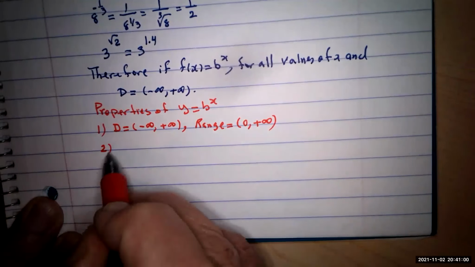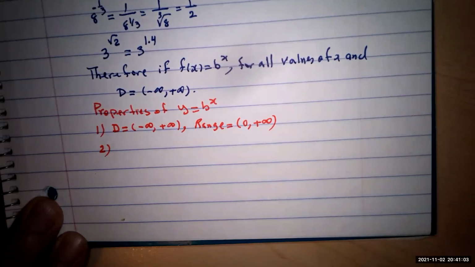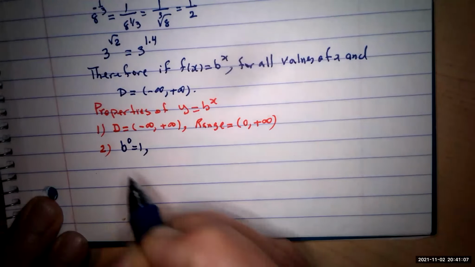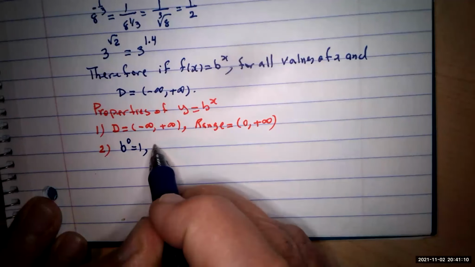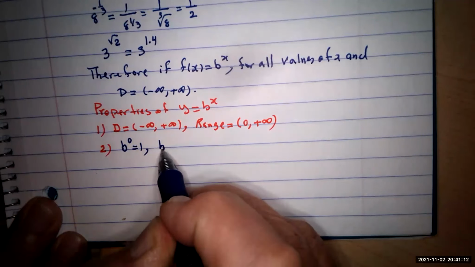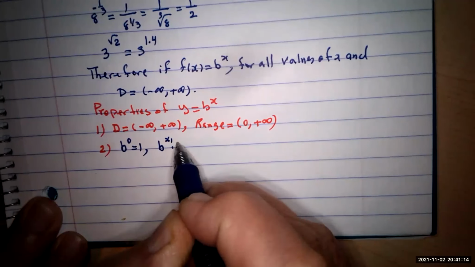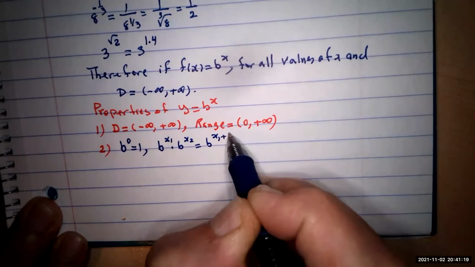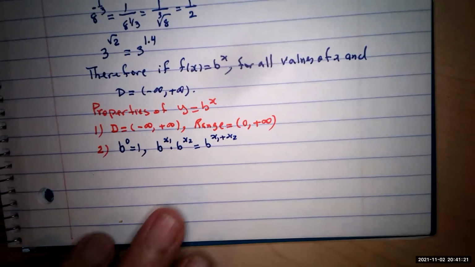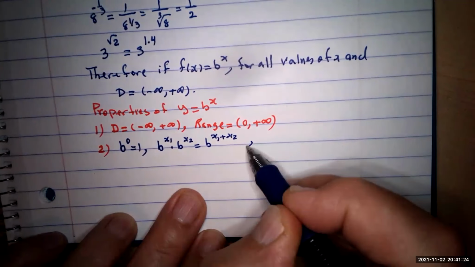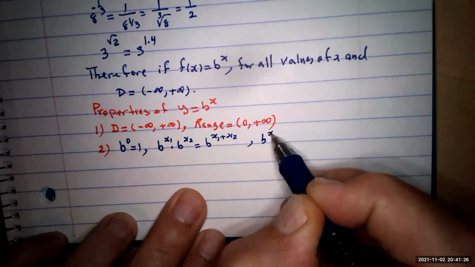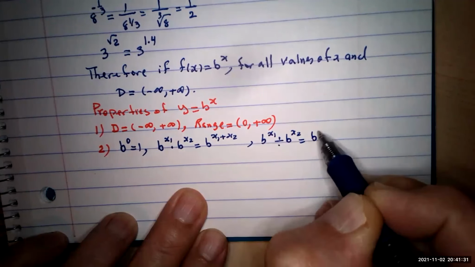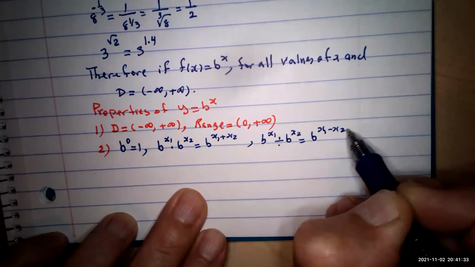The other property is that b to the 0 is equal to 1. And another property of exponents: if you have b to the x1 times b to the x2, the result is b to the x1 plus x2. If you multiply with the same base, you add the exponents. And if you divide b to the x1 by b to the x2, this is b to the x1 minus x2.